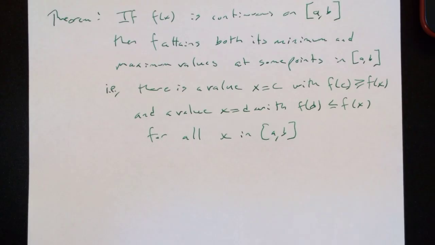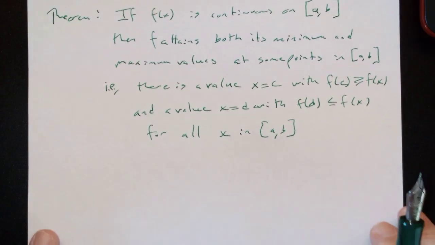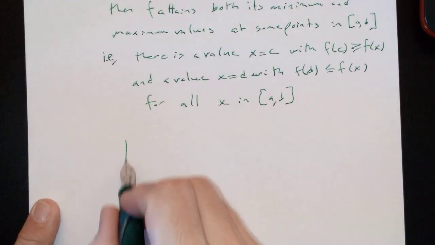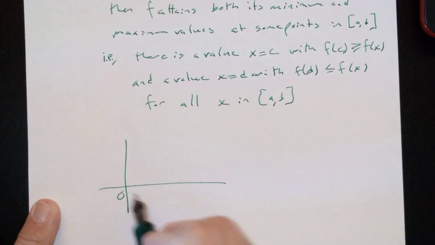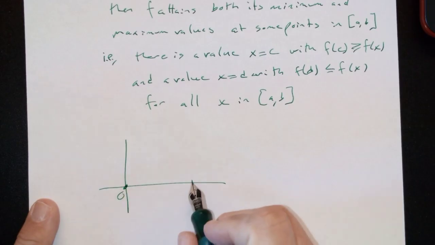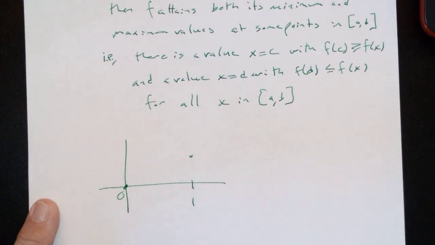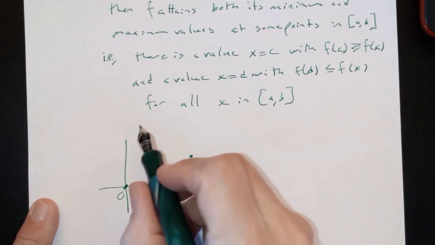Let's work with a hole. Here's a graph. We're only going to go from 0 to 1. I know. Here's a callback. At x equals a quarter, sound familiar? I'm going to put a hole.